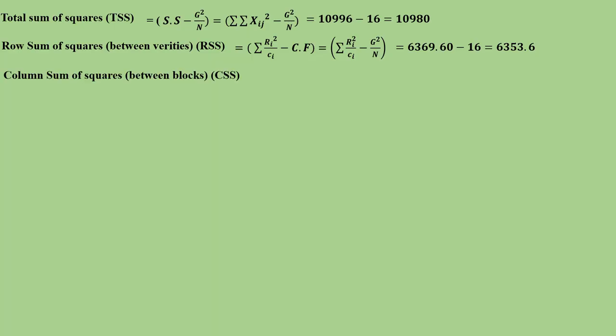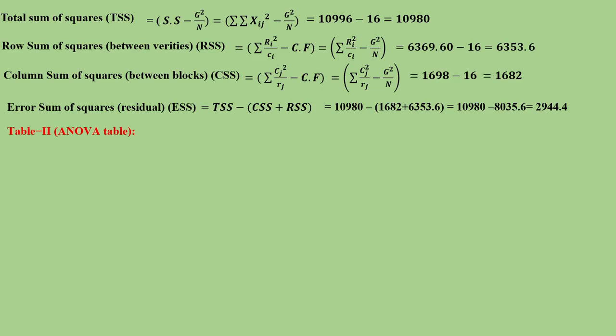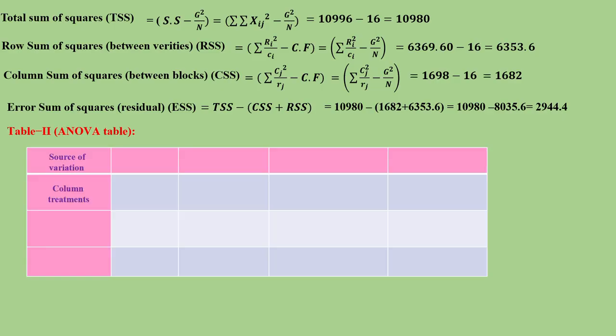Then the column sum of squares, CSS, summation Cj square by Rj minus the correction factor, 1698 minus 16, 1682. Then the error sum of squares, TSS minus CSS plus RSS, which is equal to 10980 minus 8035.6, 2944.4.